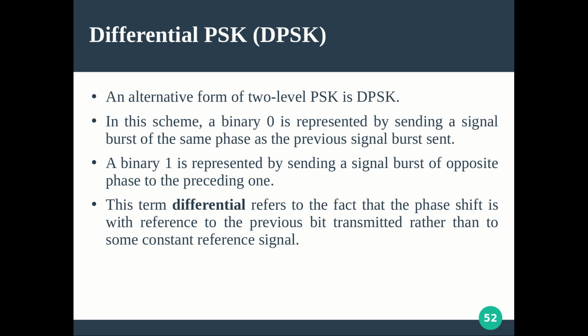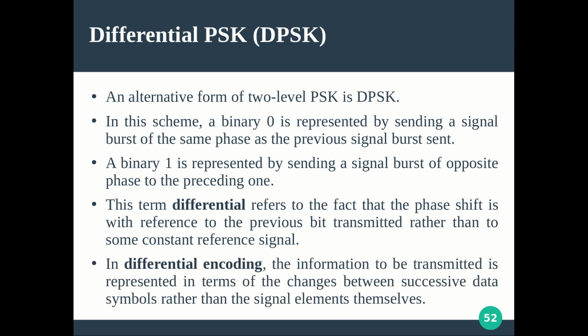But here it is not like that, and there is no fixed reference. Simply our reference is our previous signal. So whether you want to differentiate our current signal from the previous one or not, one of the binary information we are representing by making it different from the previous one, another one we are representing by making it the same as the previous one. So that is how we can decode the information. The same thing the decoder can also apply.